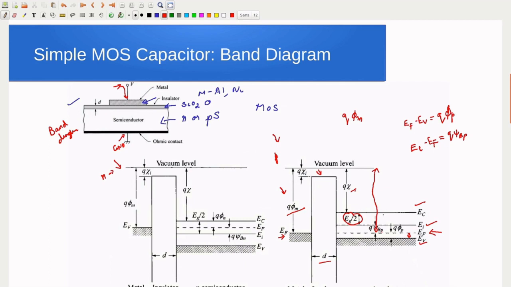So keep in mind that Q phi m is equal to Q phi s.